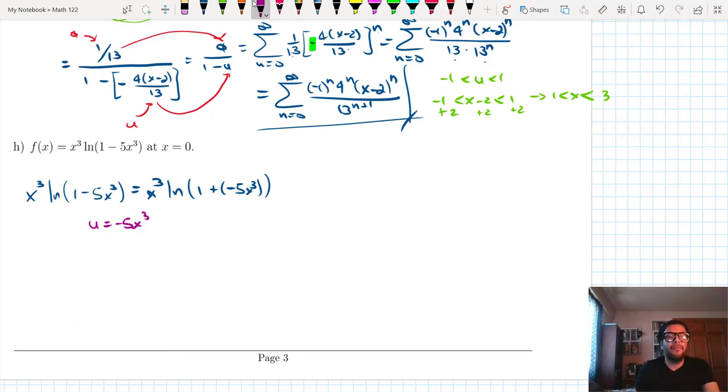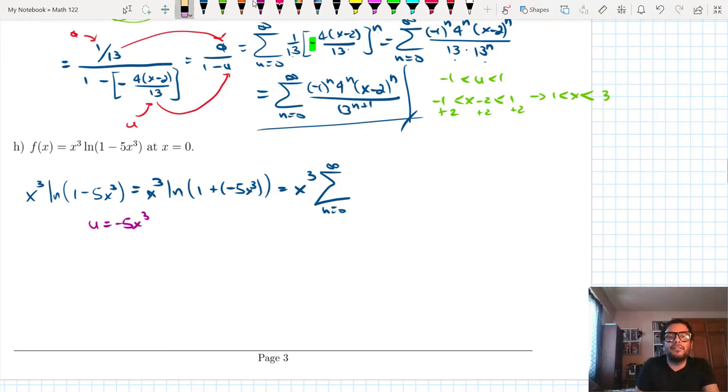So let's turn this into a series. Just focus on the ln, keep the x cubed for the end. We're going to incorporate it to add the powers of x at the end. So sigma n equals, oh yeah, this one starts at 1, by the way.